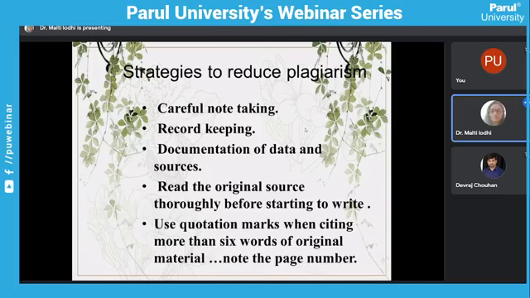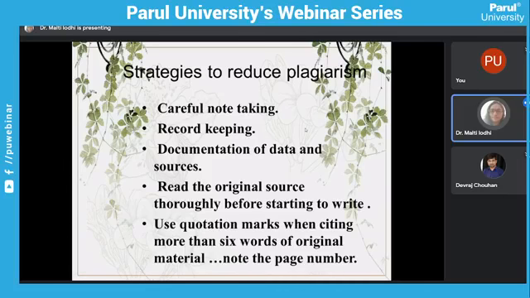Then read the original sources thoroughly before starting to write, so you can avoid plagiarism. Then use quotation marks when citing more than 6 words of the original material, not the page number.